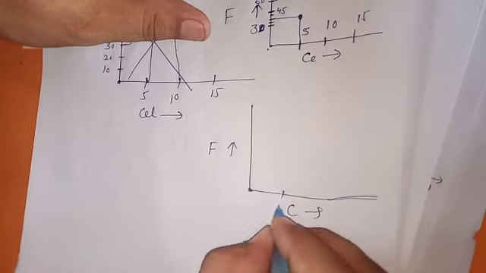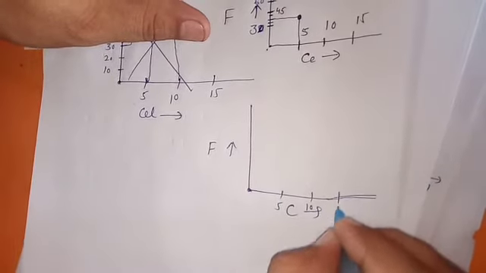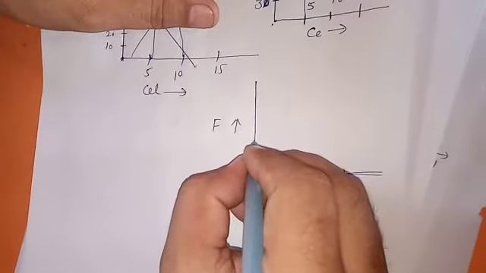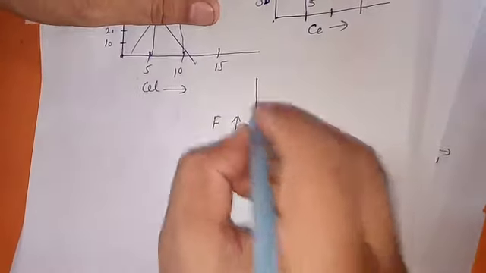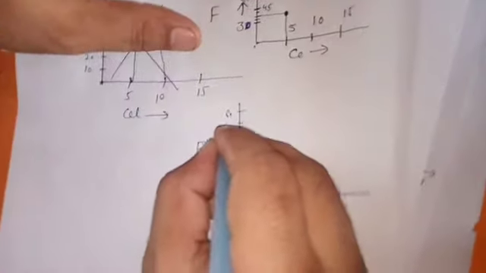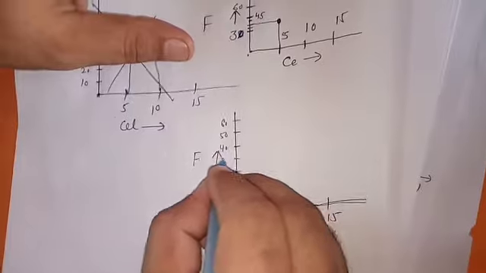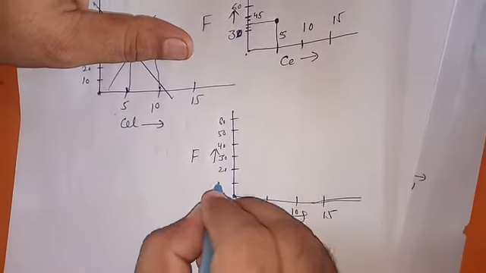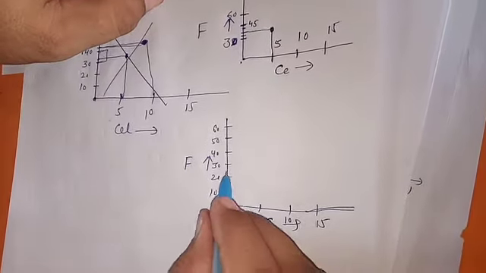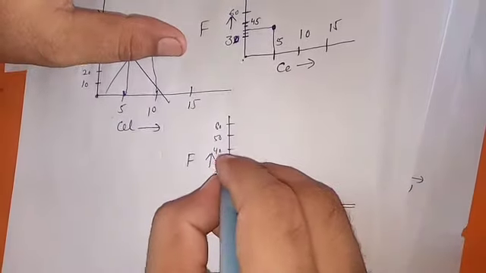This is 0, this is 5, this is 10. So this is 10, 20, 30, 40, 50, and this is 60. At the value of 0, how much? This is 32. 32 is near about this.